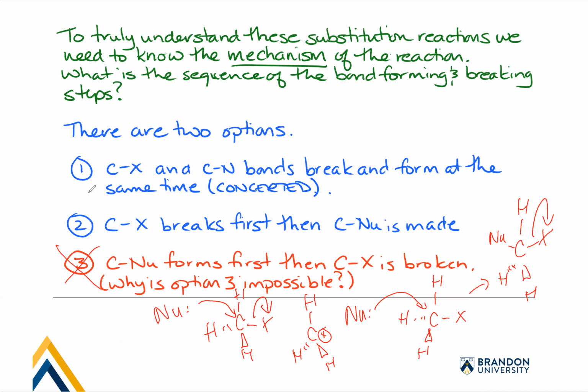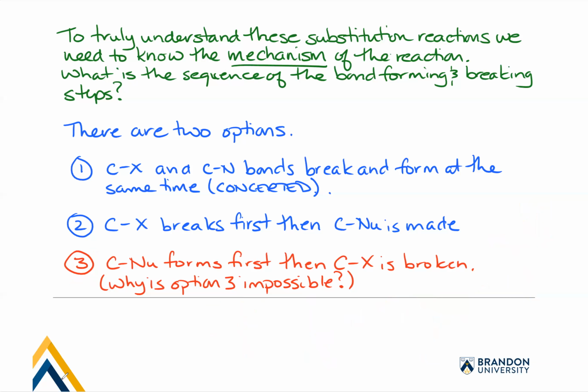So it's either going to be 1 or 2, but it can't be 3. Excellent. Okay, good. So what we're going to see is that these two things have got very different energy diagrams, and they're going to take place under different types of reaction conditions.